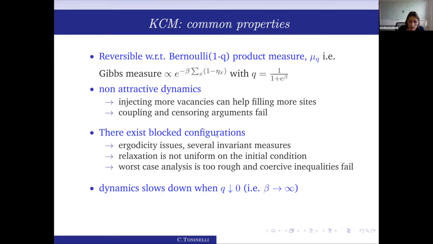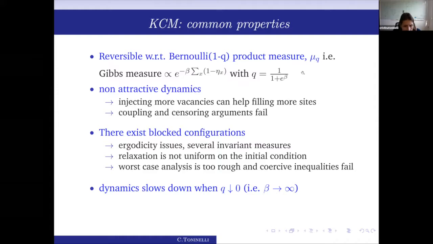And with respect to the equilibrium measure, empty sites have a density q. The dynamics will, in general, slow down when we choose this external parameter, which defines the model, to be smaller. So q going to 0 corresponds to inverse temperature going to infinity in this Gibbs measure rephrasing.